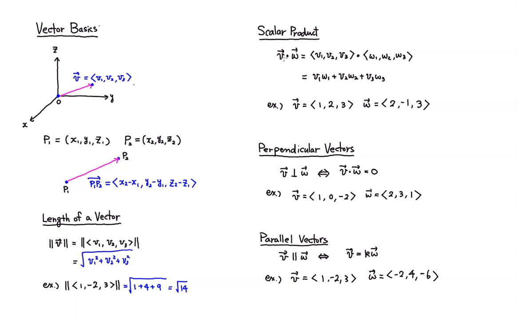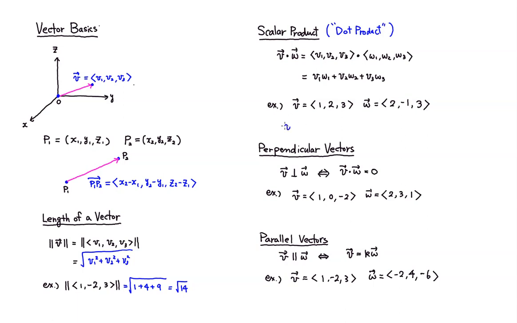If you have vectors v and w, where v has components v1, v2, v3 and w has components w1, w2, w3, the dot product, also called the scalar product, uses dot as its notation. All you have to do is multiply the first components together, plus the second components together, plus the third components together.